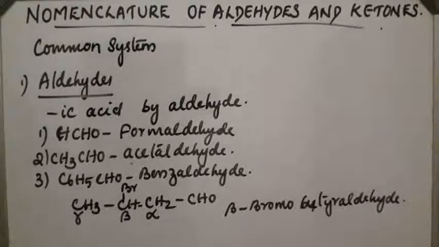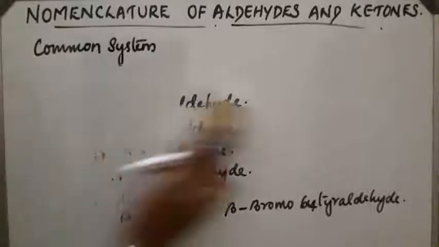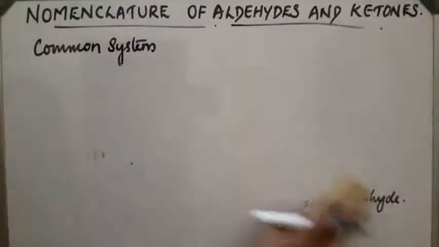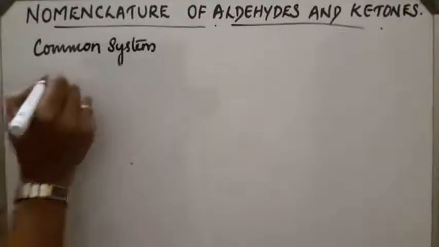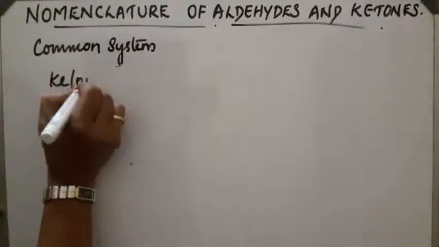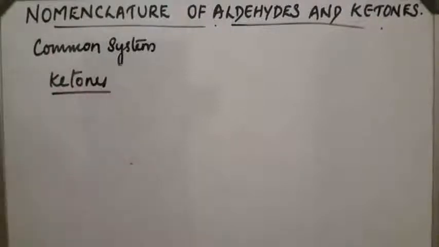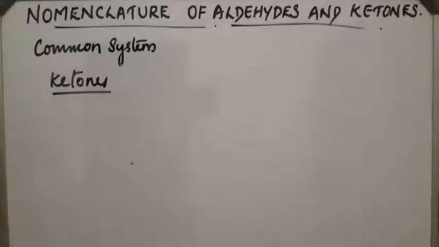Next, ketones. The common system of naming in the case of ketones: names are obtained by adding alkyl groups to ketone, and these alkyl groups follow alphabetical order.